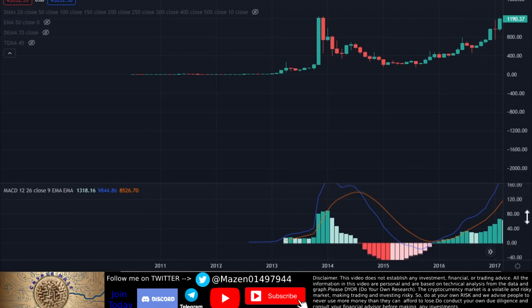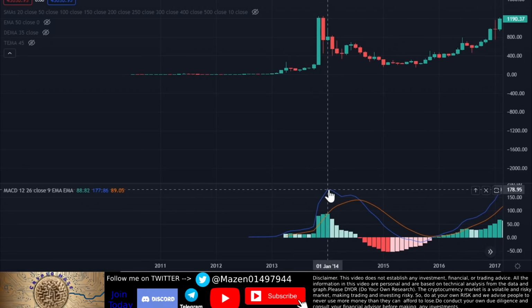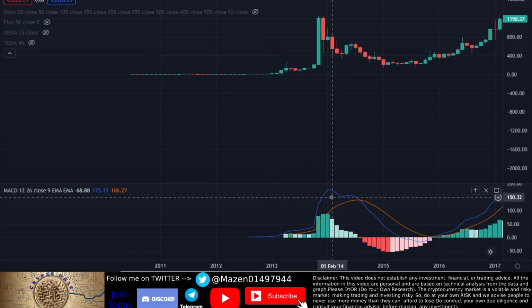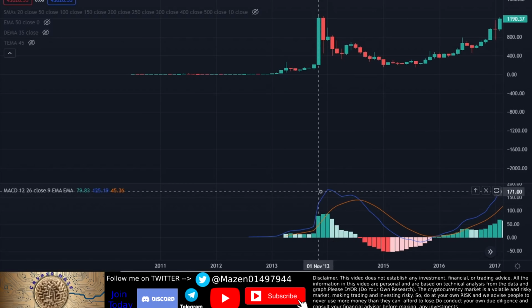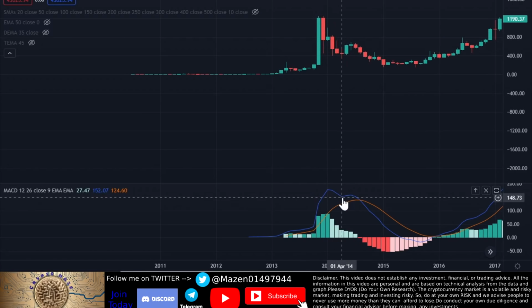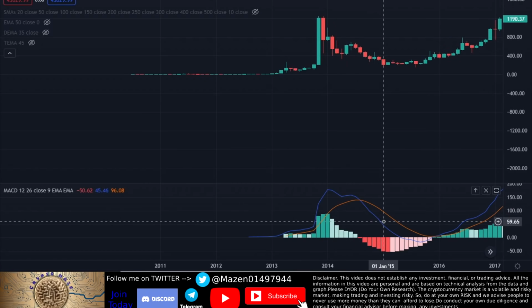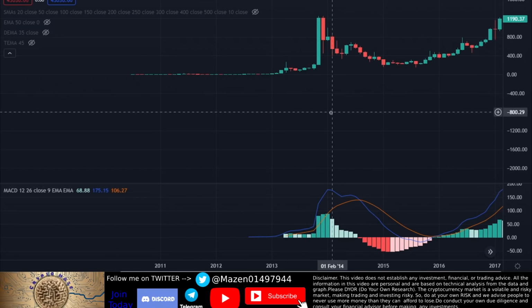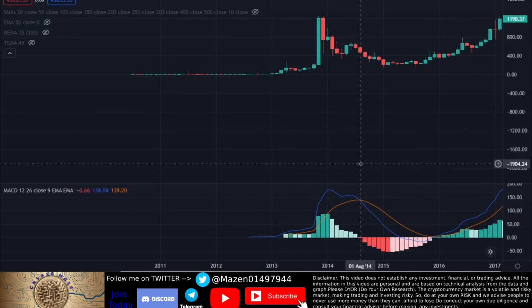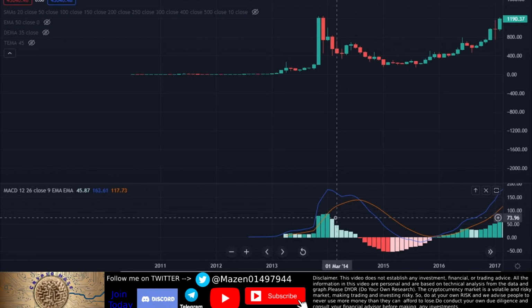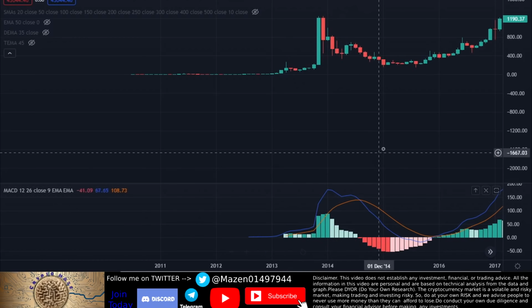You're already in a bear market. And to top it off, you have your MACD lines on the monthly about to cross bearish, so they start curving down. You can see they started to curve down, then they faked out a little bit, and then they just went to bear land. That's what happened in 2014, which is very similar to our current bull run. I keep saying this, but I don't know why no one wants to look at this.